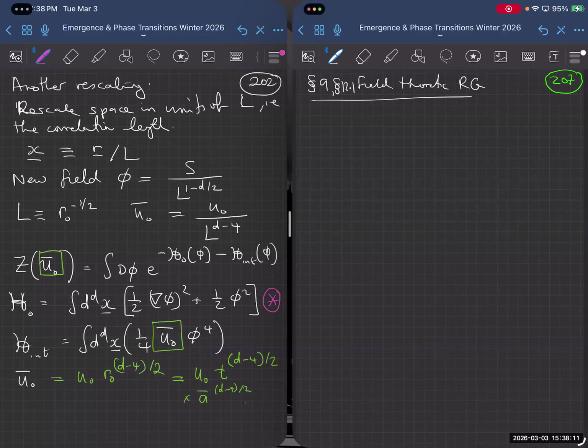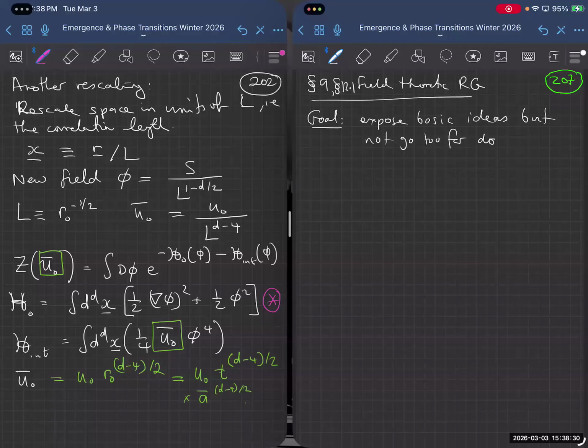So our goal here is to expose the basic ideas, not go too far down the rabbit hole of technique. And that's our goal.